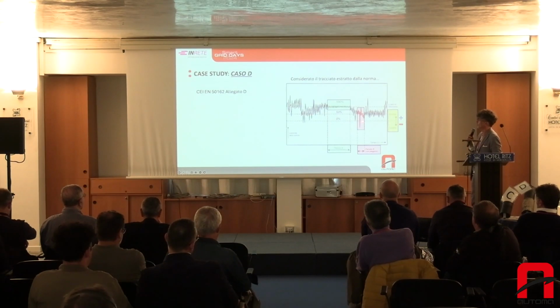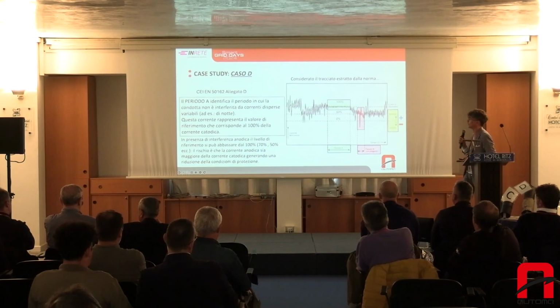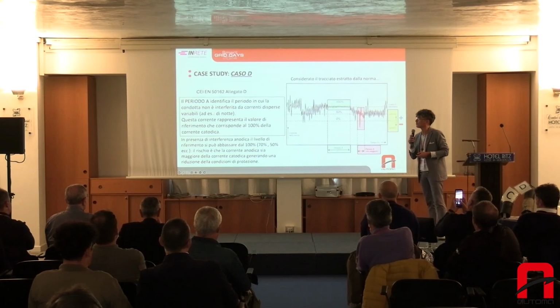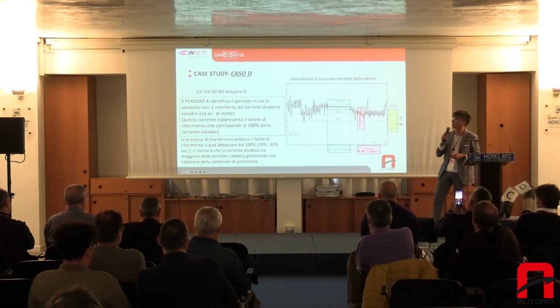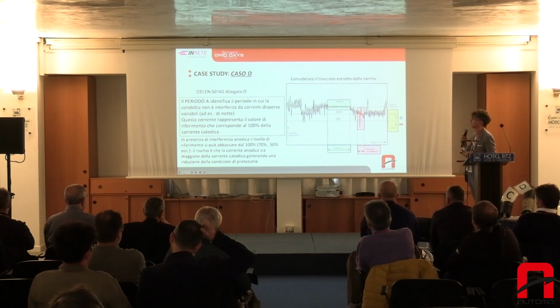In this case, we have a 0 value, no current. And when you have cathodic current, it's going in, whereas the anodic is going out. Period A, the one in green, is the period in which the pipe doesn't have any stray current, like at night time.